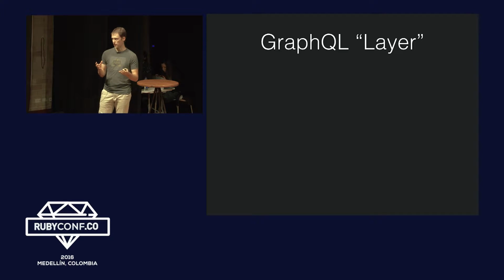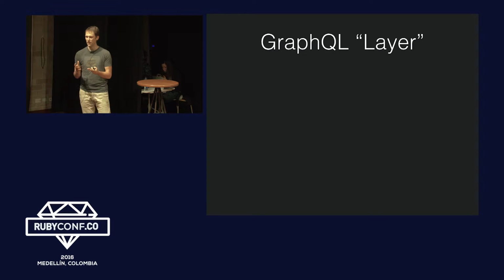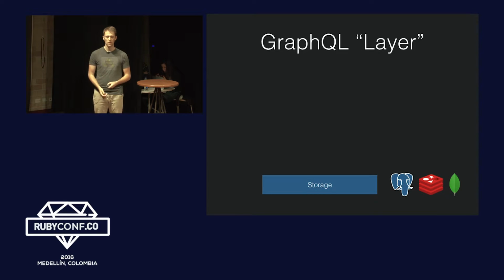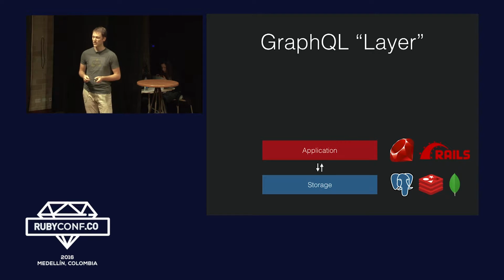To talk about a GraphQL schema, the last question is, where does that fit into your application? If we're talking about a web stack, we usually start with the database. And then there's some Ruby and Rails application. So that's your Ruby code, your classes, your methods, objects.